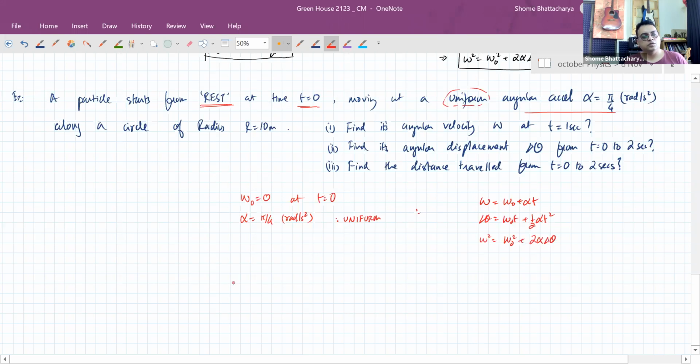So at t equal to, for example, 1 second, the angular velocity will become pi by 4 radians per second.